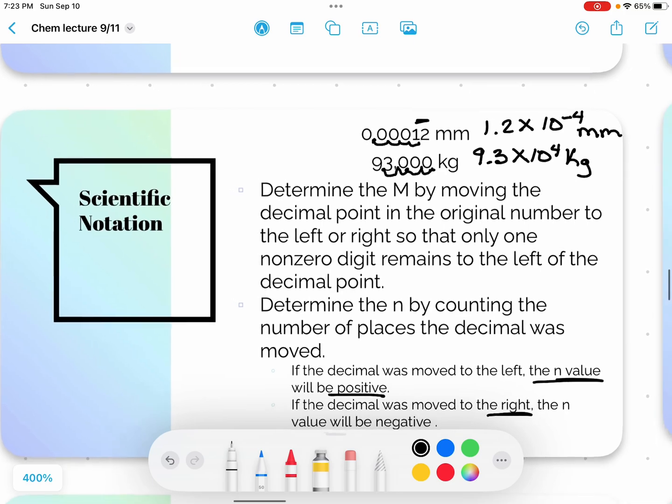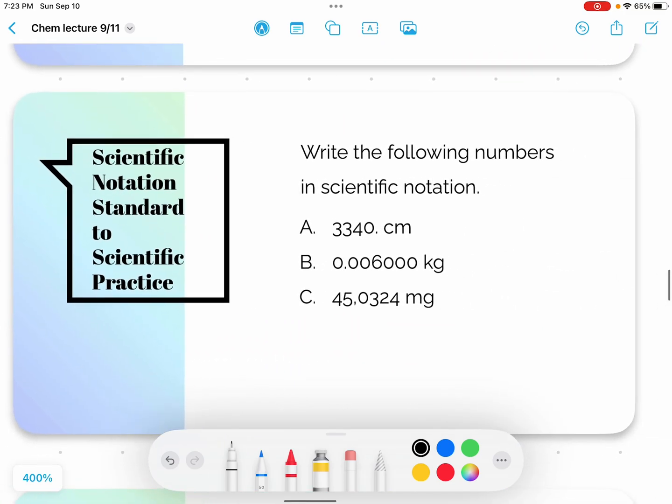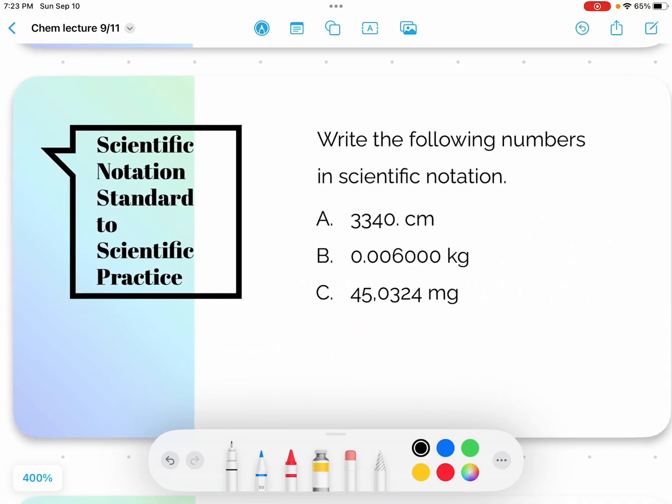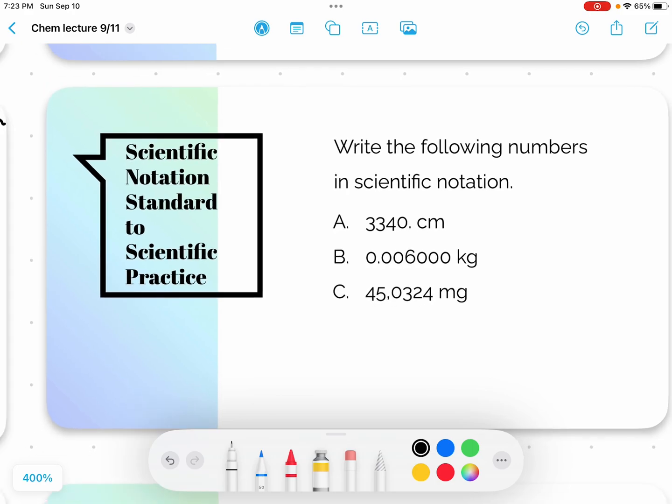So let's do a couple more examples. Let's place these into scientific notation. I have 3,340 centimeters with a decimal there. Everything behind the first digit is significant, so we will write that 0 out. I'm going to start with my decimal, put my pencil there, and carry it over until I only have one number in front.